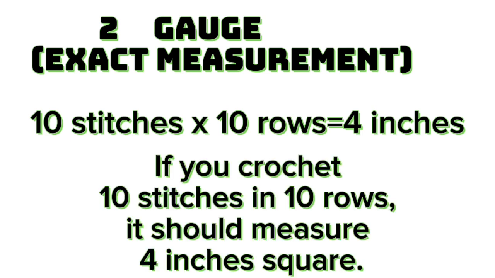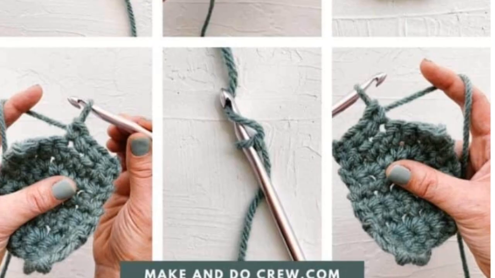This just means if you crochet 10 stitches and 10 rows, it should measure 4 inches square. Why? Because crochet tension differs from person to person. But for most beginner projects like bags or accessories, you can skip worrying about this for now.